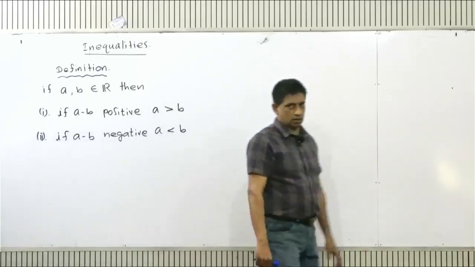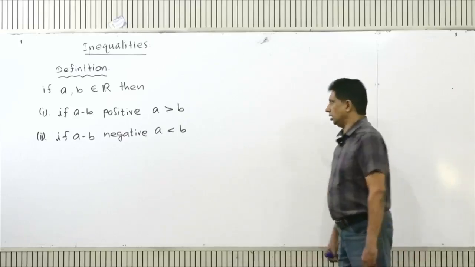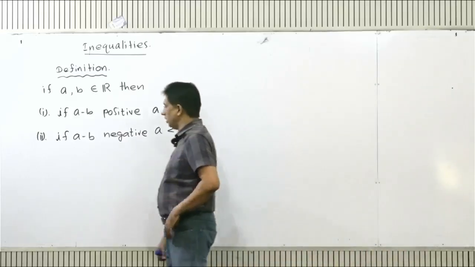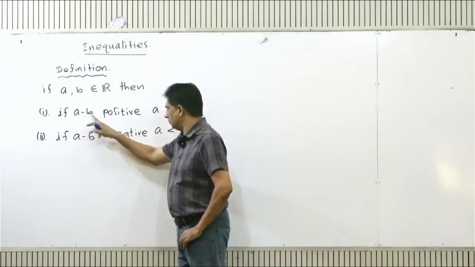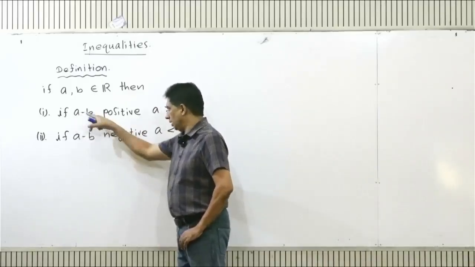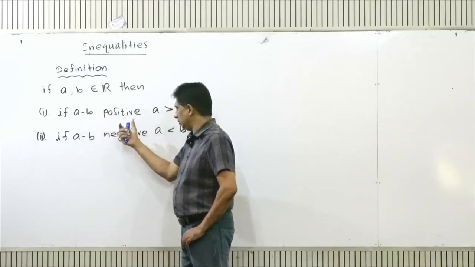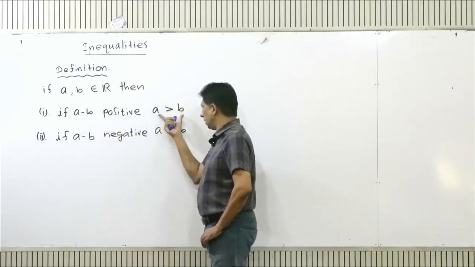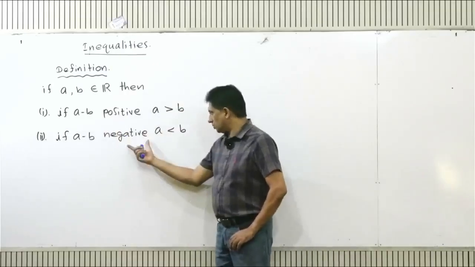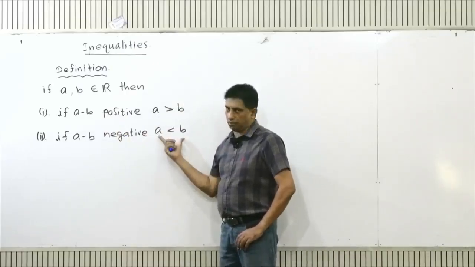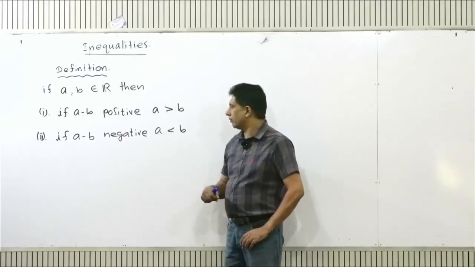Right? This is the definition. In the definition, a, b are real numbers. If a minus b is a positive value, then we can write it this way. If a minus b is negative, then we can write it this way.